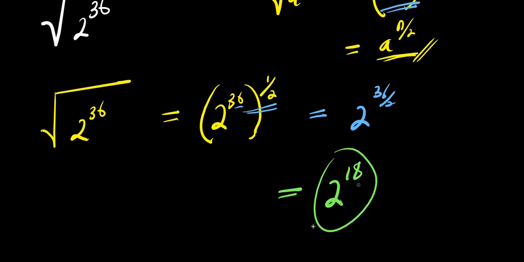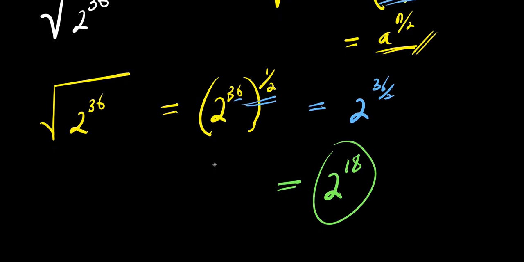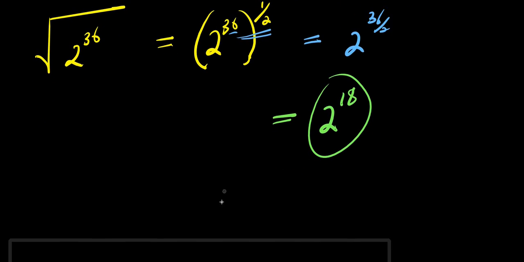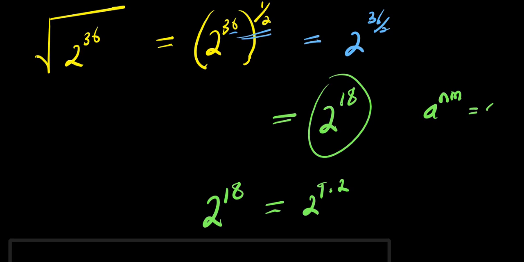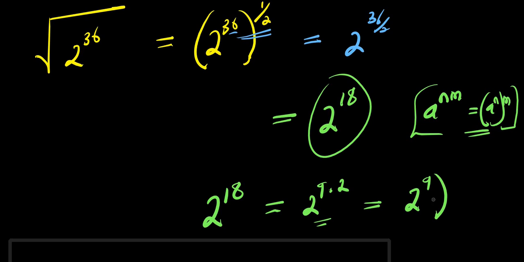So we need to find the value of 2 power 18. So we have 2 to the power of 18 is the same thing as 2 to the power of 9 times 2. And if you have a to the power of n times m, this equals a power n raised to the power of m. So we apply this identity here. That means we are going to have 2 to the power of 9 raised to the power of 2.